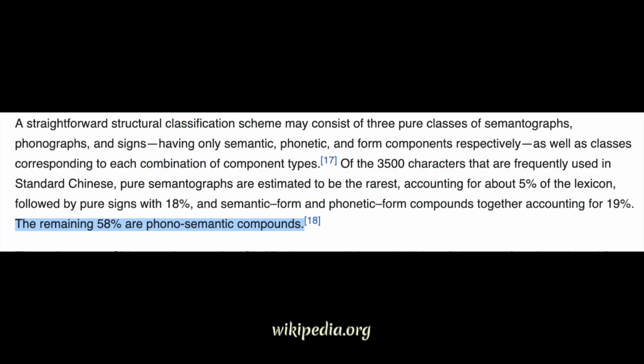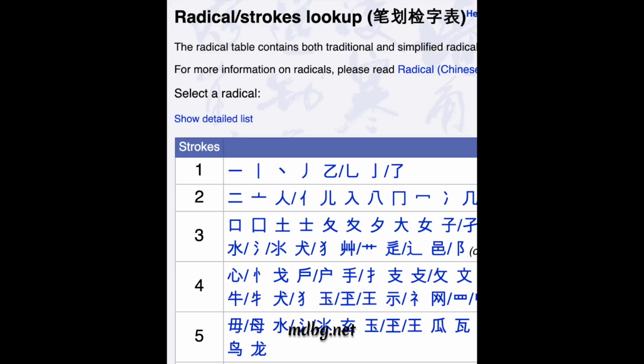A large number of standard Hanzi fall into the xingshang category. For such characters, the component which hints at the meaning is what is linguistically referred to as a radical. Just a side note, there are exceptions to this rule. Sometimes a radical will hint at the sound of the character instead of its meaning.